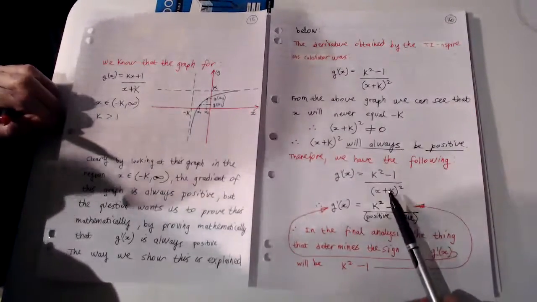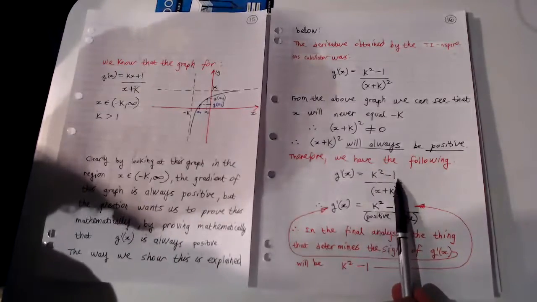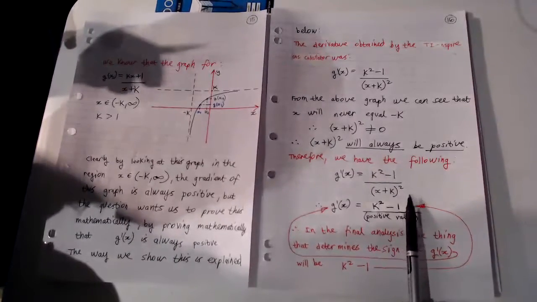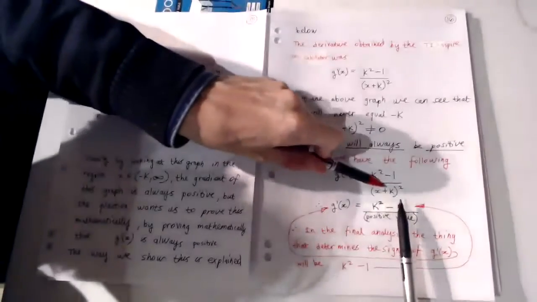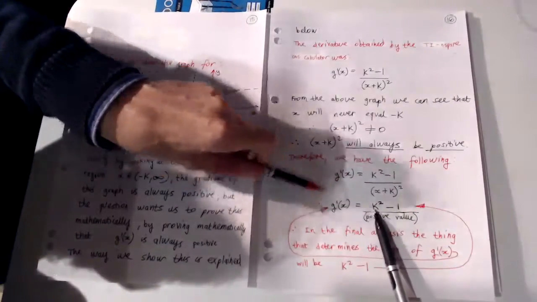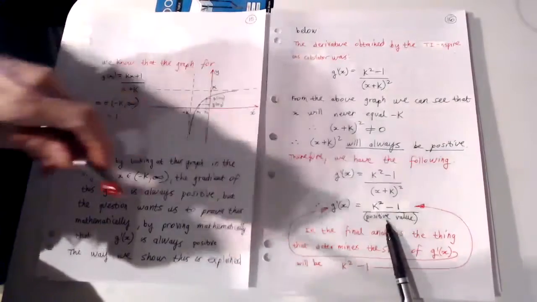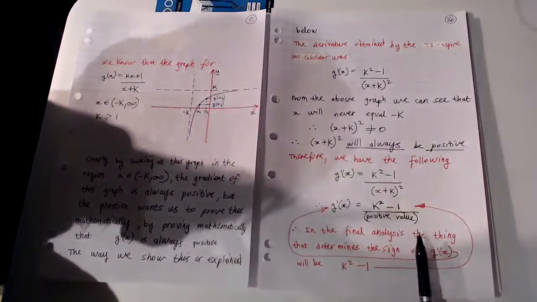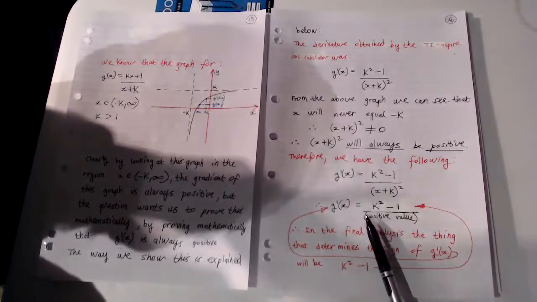Therefore, we have g'(x) equal to (k squared minus 1) on (x + k) all squared. And we now know that (x + k) squared will always be positive. So g'(x) is k squared minus 1 over a denominator that will always be positive.